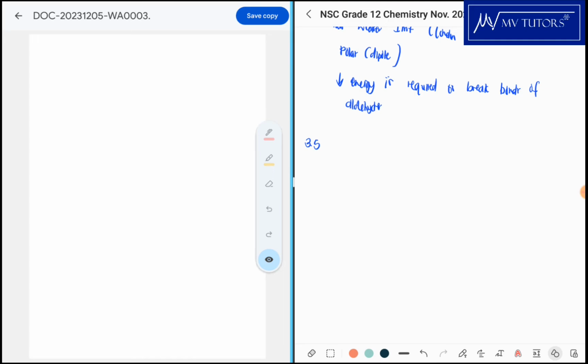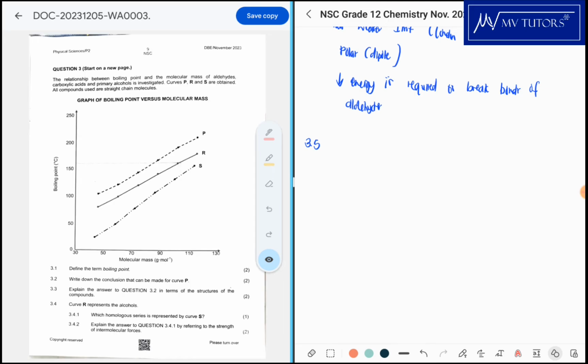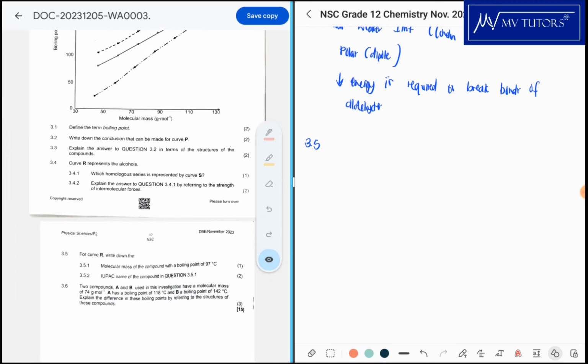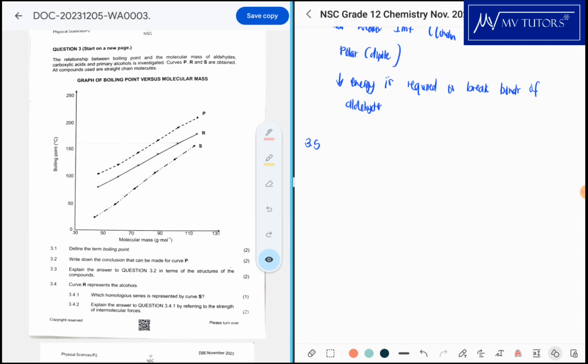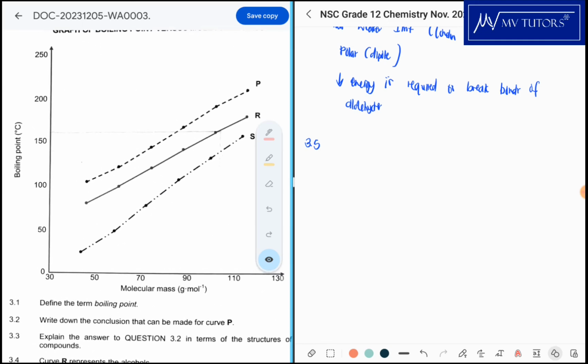Okay, but yeah, so we need to look at that graph. Let's just see again, 97 degrees. So we need to look at the boiling point there.